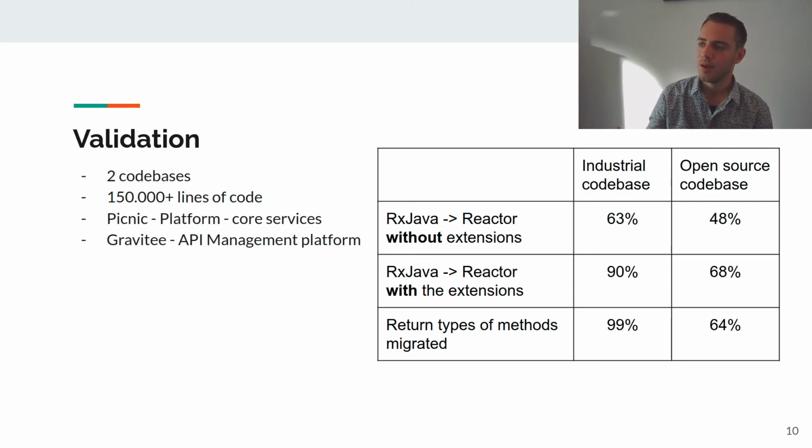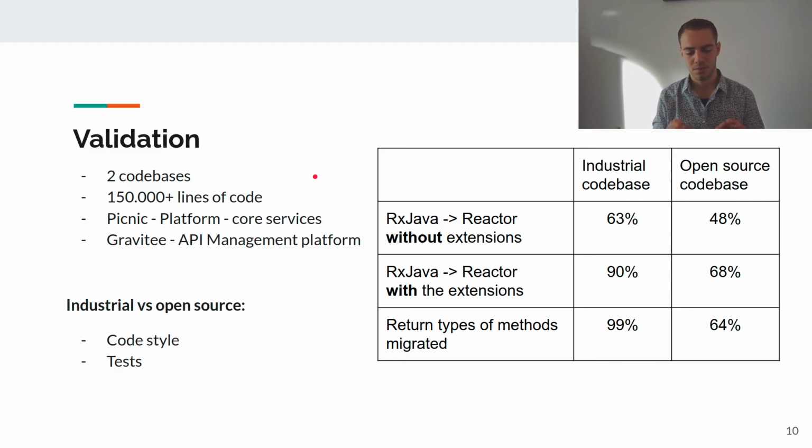If you look at the table, you might wonder why there is a significant difference between the industrial code base and the open source code base. The biggest reason is that there's a big difference in code styles, because for the industrial code base, there is a thorough review process and a code style to adhere to, and for the open source code base, this is not the case. In the open source code base, for example, there were deeply nested expressions.